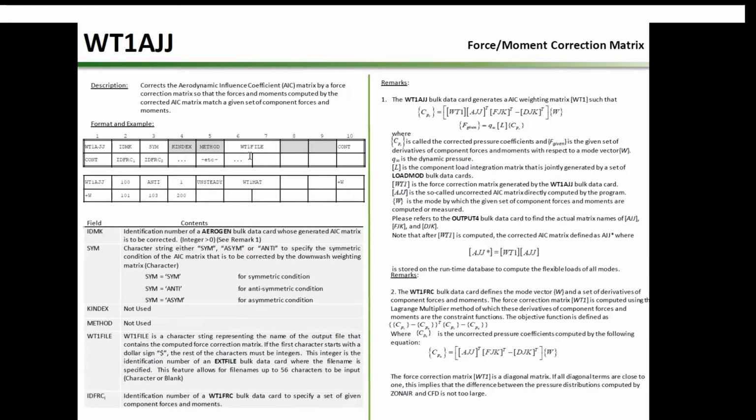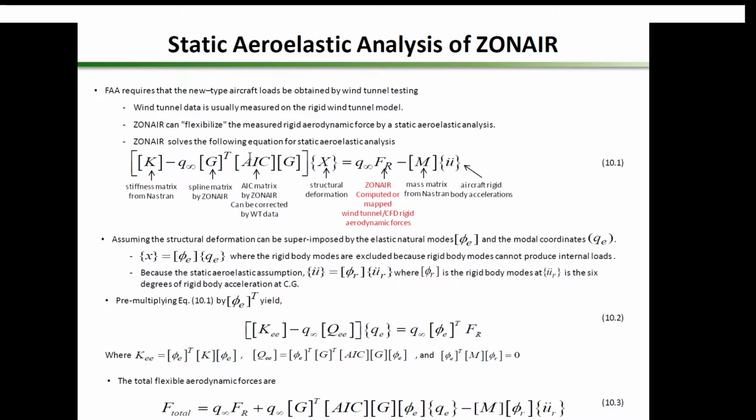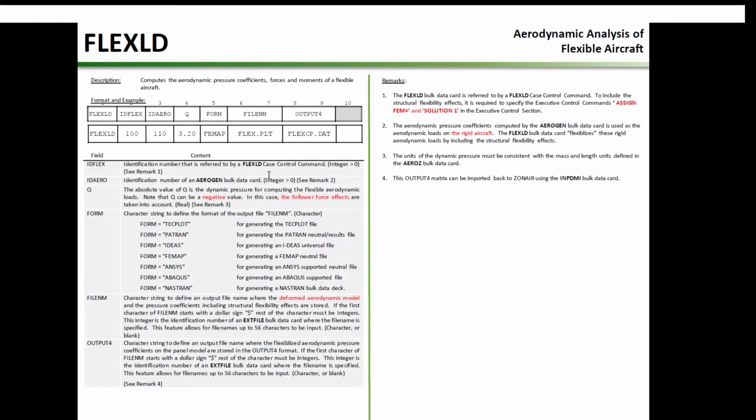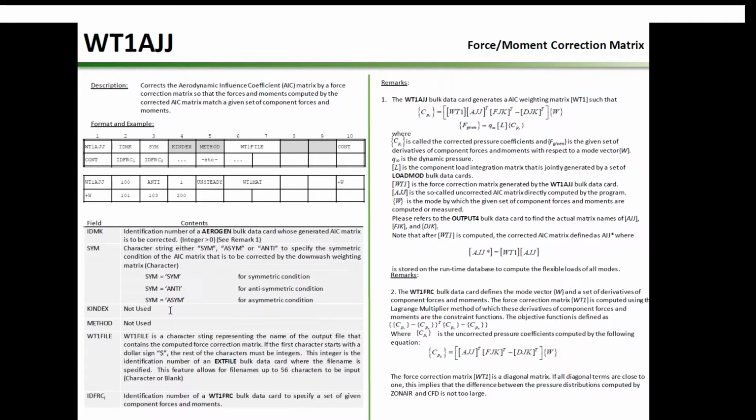And as we mentioned, to perform the static aeroelastic analysis, this AIC matrix, namely the AJJ, FJK, DJK matrices, are computed by ZONAIR by solving the linear potential equation, which may not be accurate. So we have the AIC correction methods.